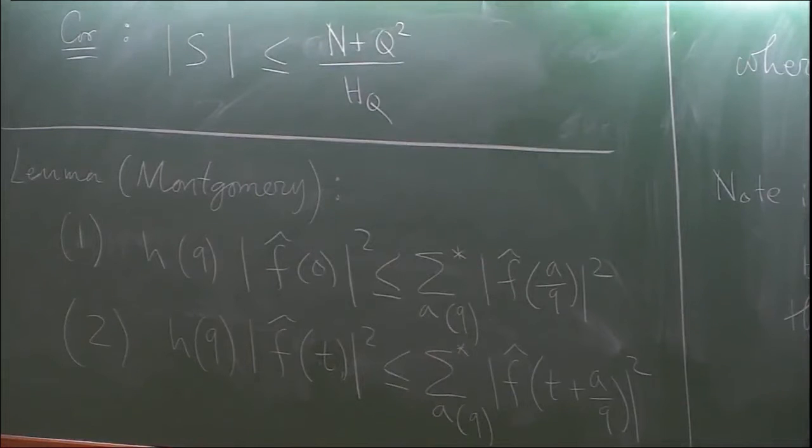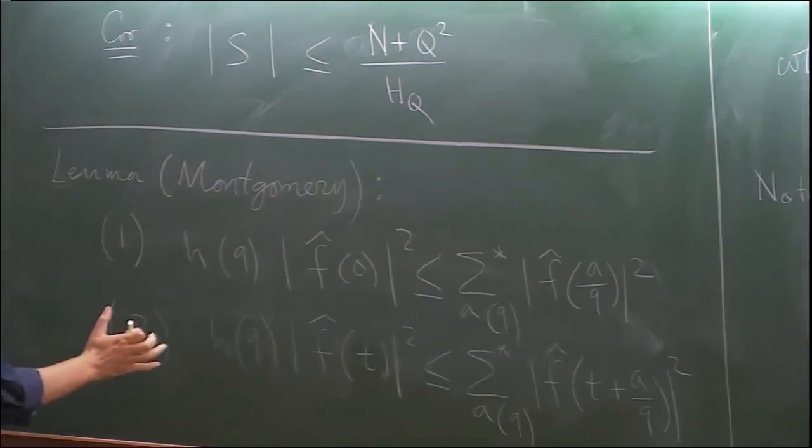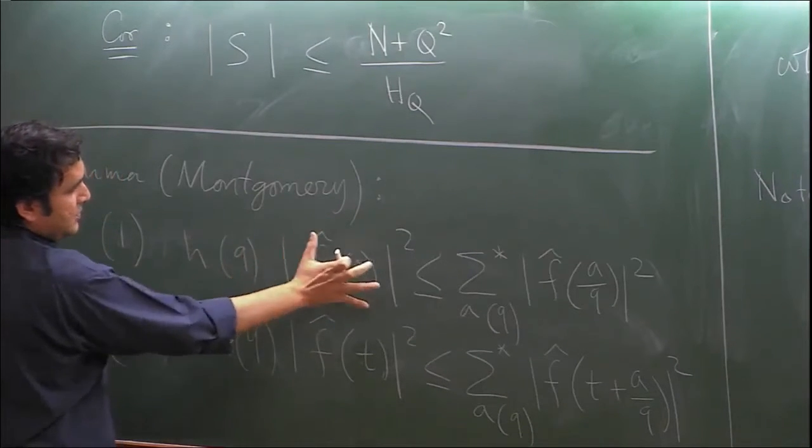And 1 also implies the theorem because you simply sum over q. You assume this statement, then you sum over q. This thing doesn't depend on q. So when you sum over q, this will just come out.